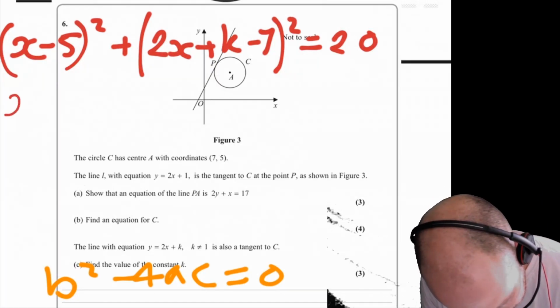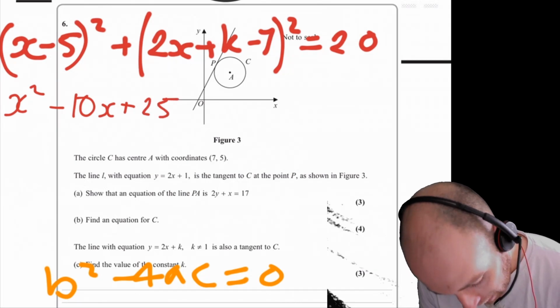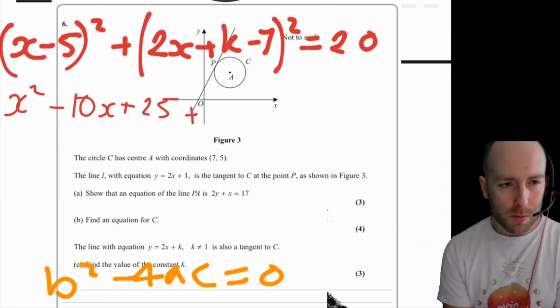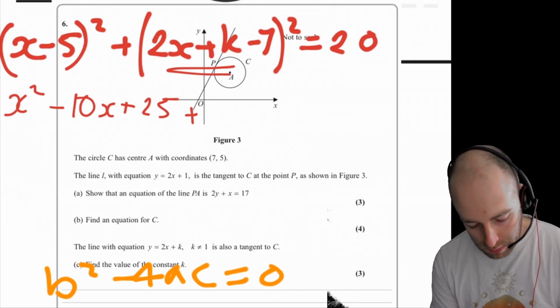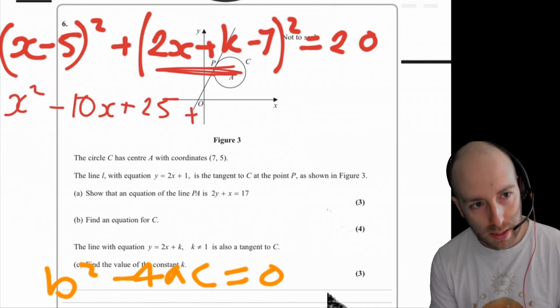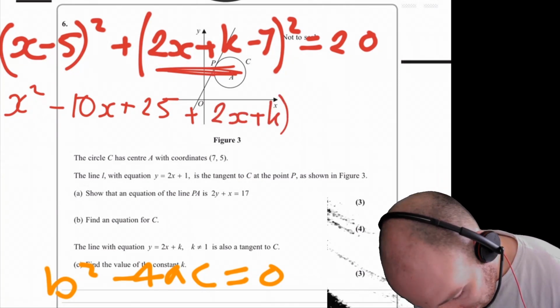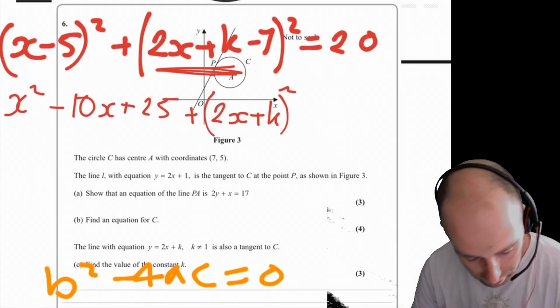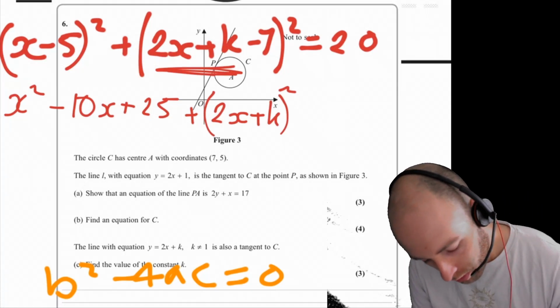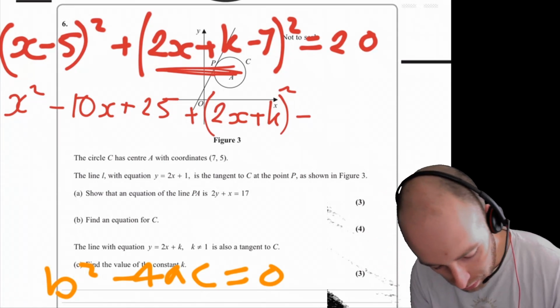So expanding this, x squared take 10x plus 25. This one's a bit more difficult to expand. I'm going to treat this bit as one term and the other bit as a different term. So we're going to get 2x plus k all squared. Then we're going to get minus 7 times 2x plus k.